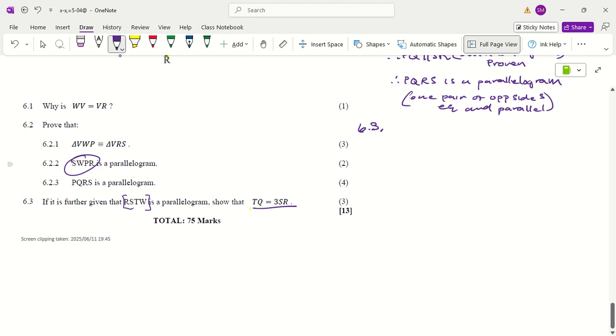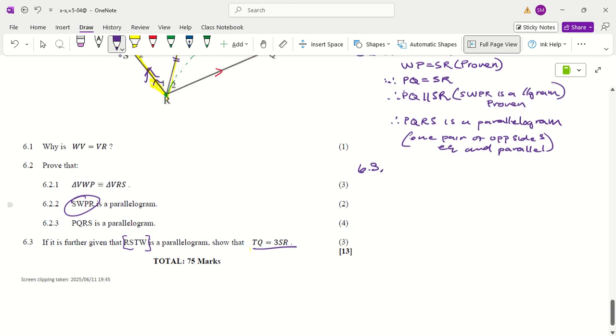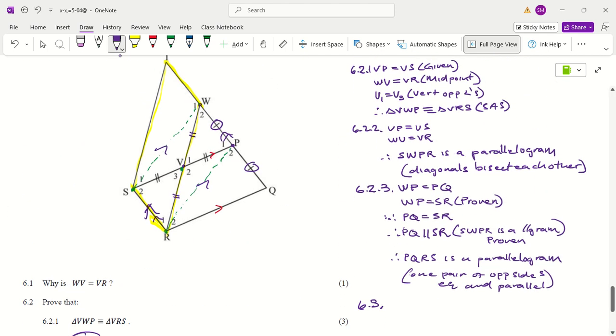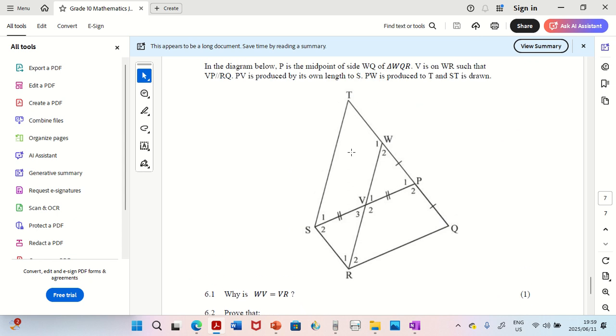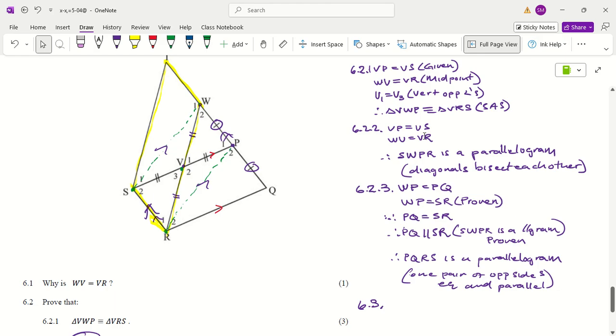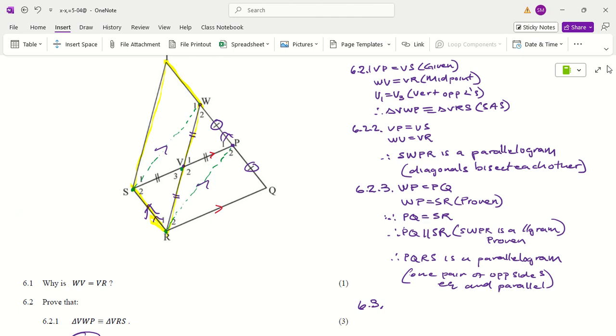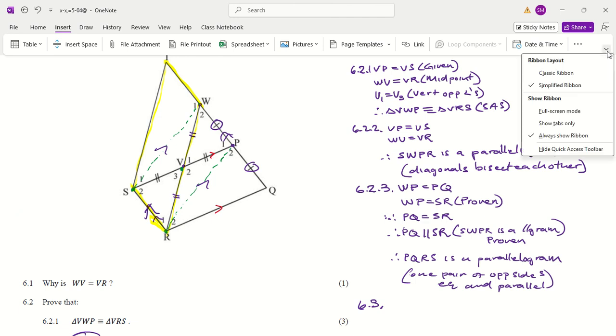First of all, we are given that SR is equal to WP, right? So let me just cut a new shape here, because this will need me to go in depth.